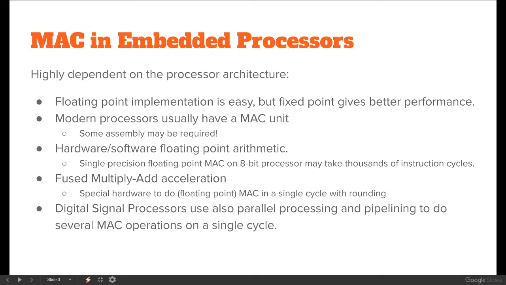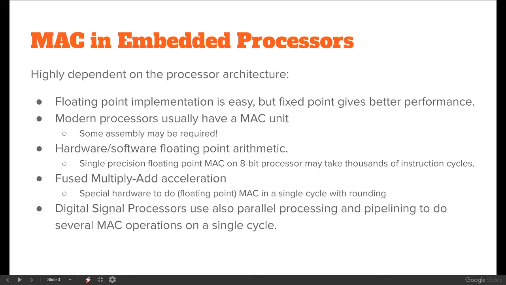Multi-core ARM processors can do quite a lot of things in addition to the signal processing. And for example, there are some ARM cores that have the special digital signal processing instruction set, optimized for multiply accumulate operations.